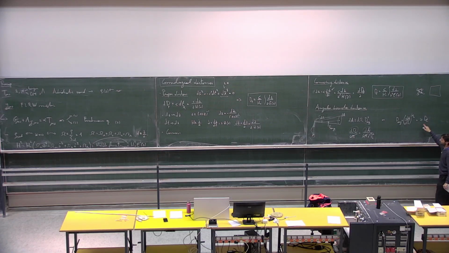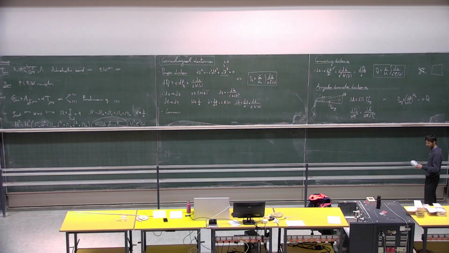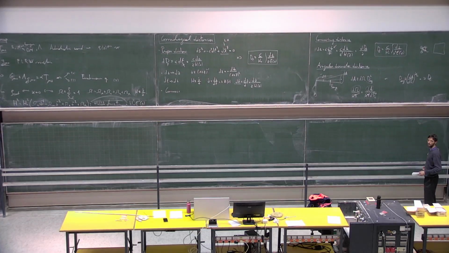So I linked the definition of this area with the comoving quantity. That's the definition I already gave here. As a consequence, this is the angular diameter distance, how we measure distances through the measure of angles.